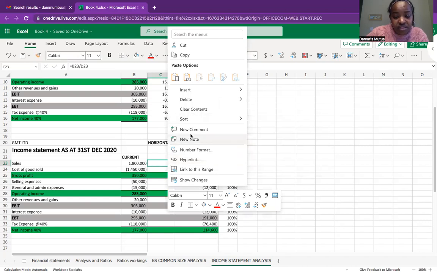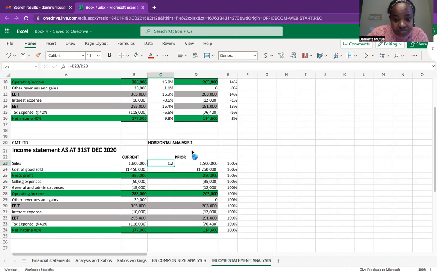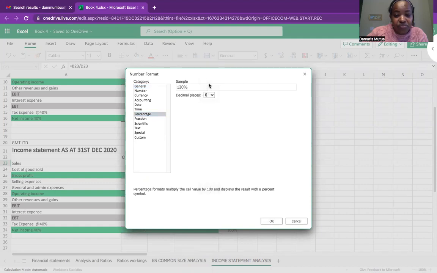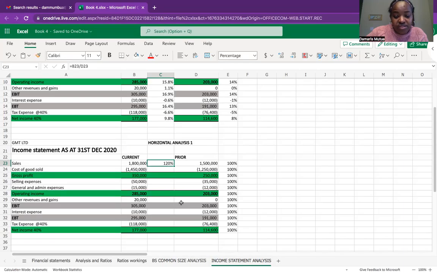So I need to make this a percentage. So the number format, this is a percentage, and I want it with no decimal places. So this is 120%. So our sales have grown by 20% from the prior period.